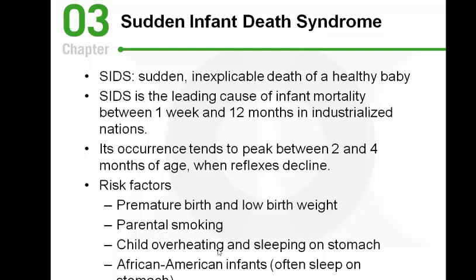Sleeping on the back is considered safest. Part of this is cultural; research has suggested that African American babies are more likely to be put to sleep on their stomach. Also, I think it depends on the age of the caregivers, because previous generations were told to put babies to sleep on their stomach. I'm pretty sure my mom put me to sleep on my stomach because at that time that's what we thought was the safest thing.